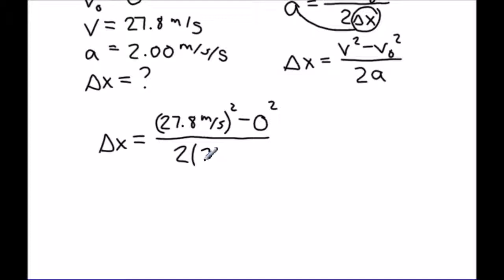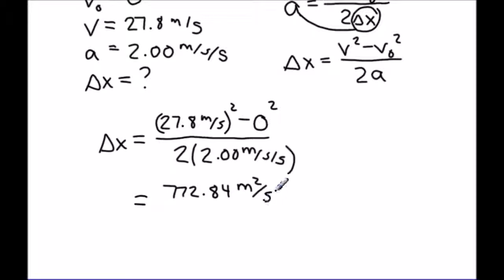The acceleration is 2.00 meters per second squared. When I evaluate this on my calculator, I get 772.84, and this is meters squared per second squared. Both the meters and seconds get squared as well. Divided by 2 times 2 is 4 meters per second squared.